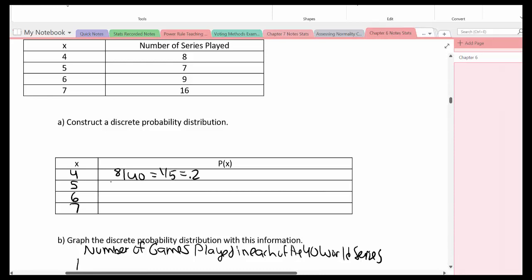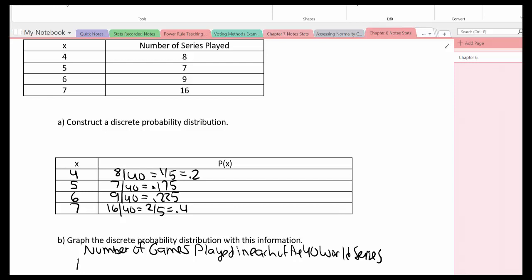For 5 games, that's 7 out of 40, and that decimal is 0.175. For 6 games, it's 9 out of 40, which is the same as 0.225. And for 7 games, that's 16 out of 40. That simplifies to 2/5, which of course I could write as 4/10. So there's my discrete probability distribution.